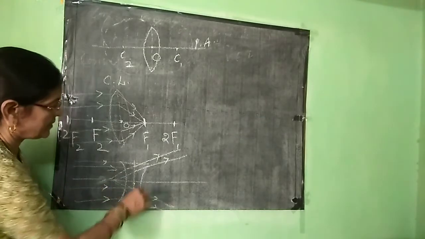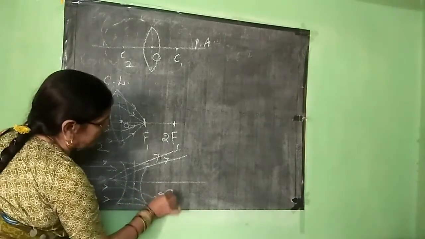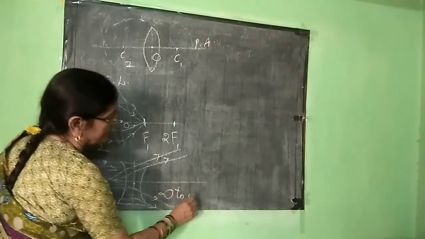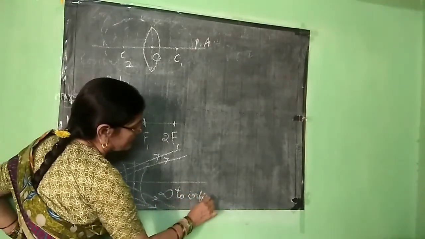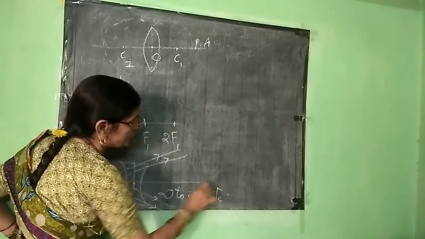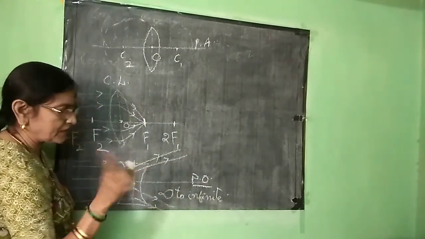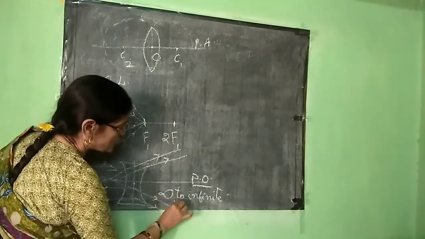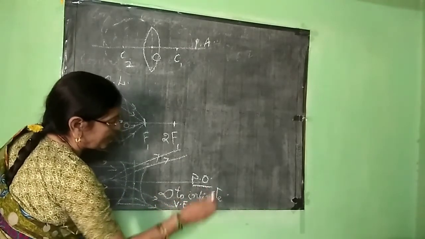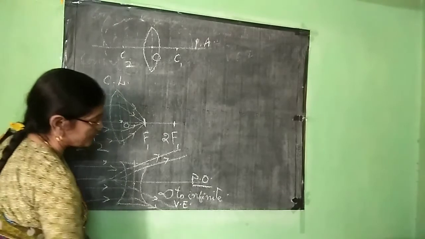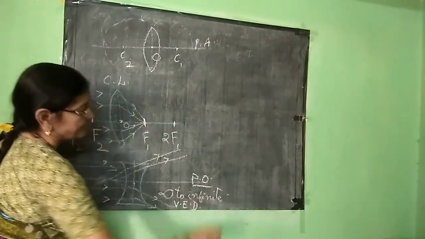Now coming to here, infinity to infinite. This is position of object. Then it forms only one kind of image, that is virtual, erect, always smaller than the size of the object, so diminished.